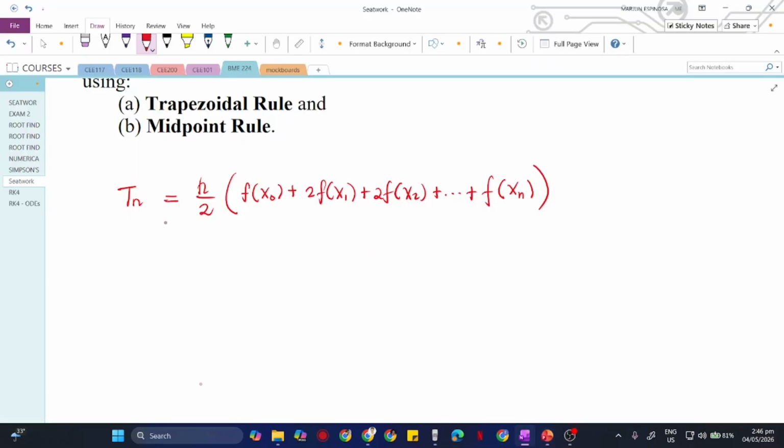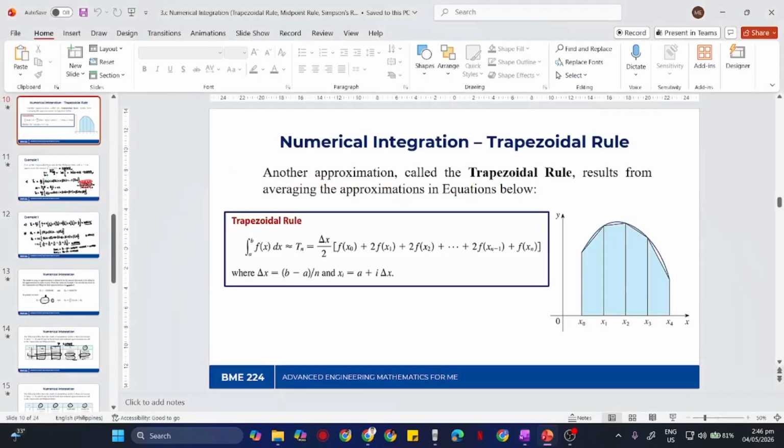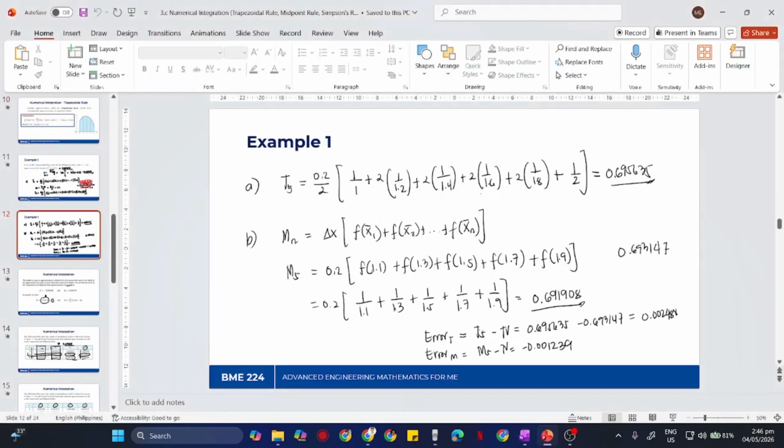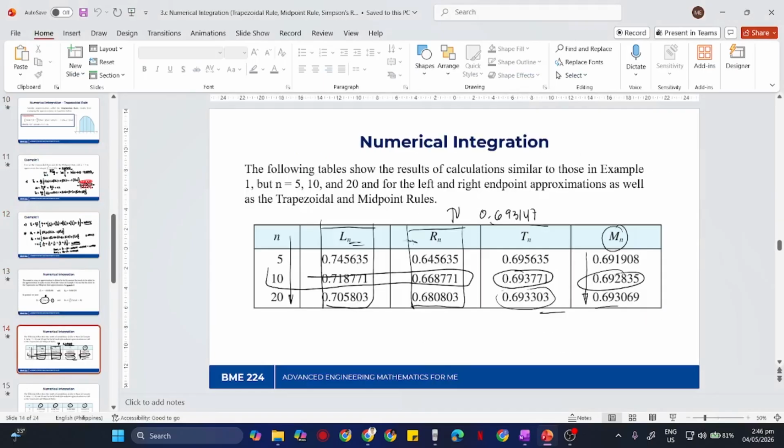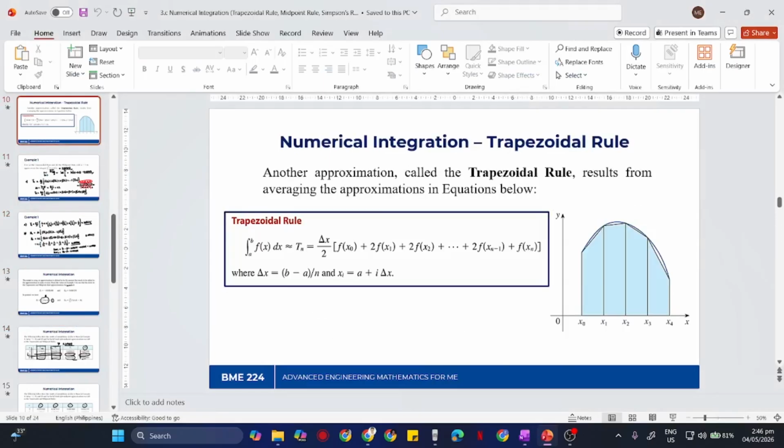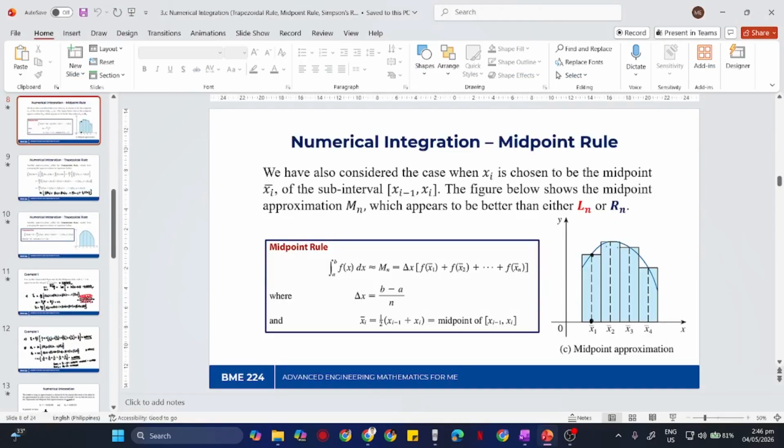Okay. Now, for midpoint rule, m sub n, that is h, yung midpoint rule. Saan yung midpoint rule natin dito? Midpoint rule, ito yun.